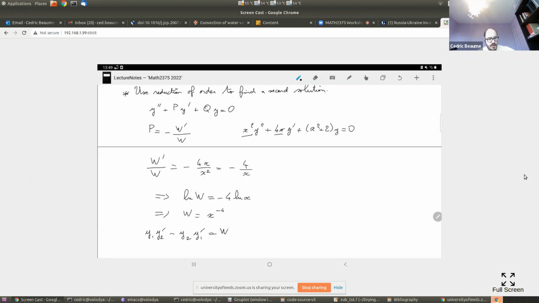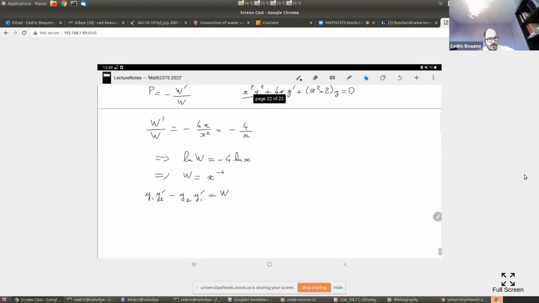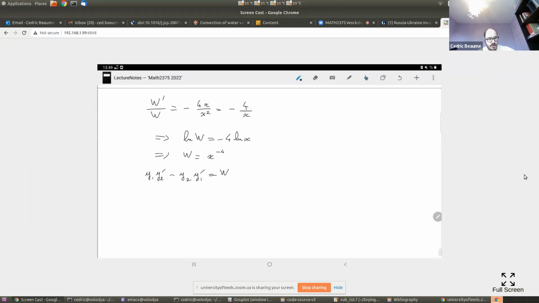Something that we can identify here, we know y1, we try to find y2, so we can divide everything by y1. So that gives us y1 y2 prime, so 1 here, minus y2 y1 prime, divided by y1 squared, and that's w divided by y1 squared.